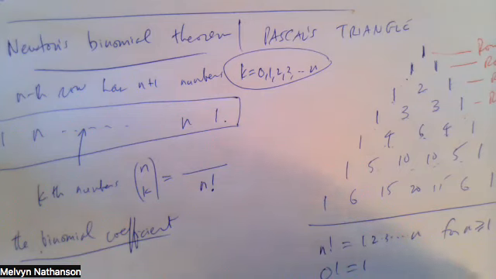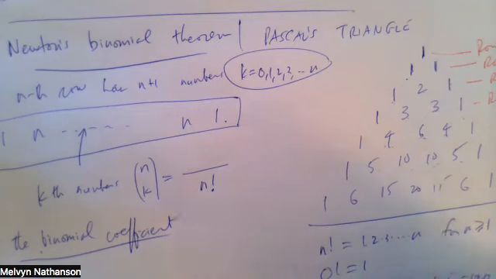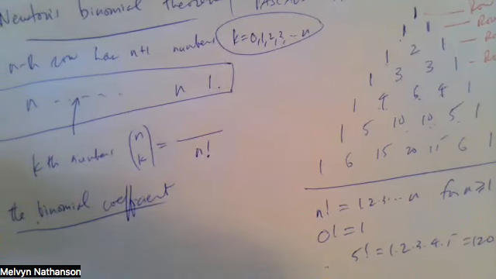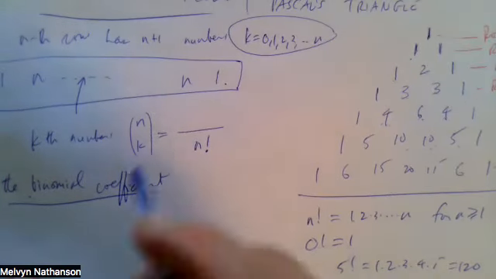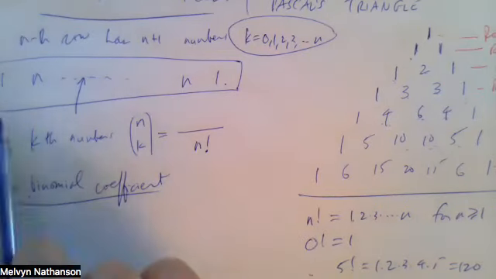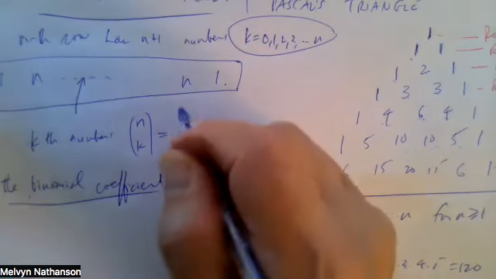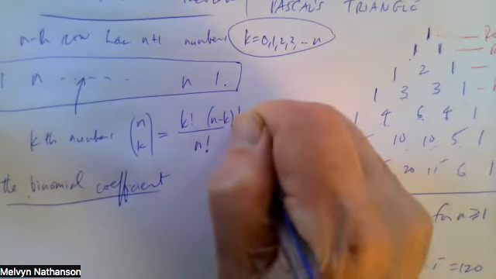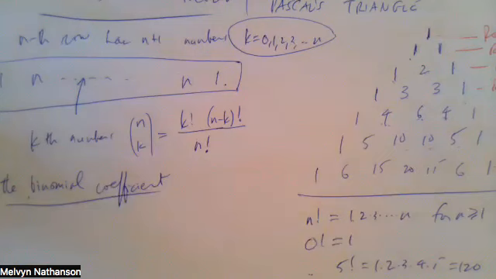So for example, 5 factorial is 1 times 2 times 3 times 4 times 5, which if you multiply it out is 120. Right? And the kth binomial coefficient, the kth number in this row where k goes from 0 to n, is k factorial times n minus k factorial divided by n factorial.